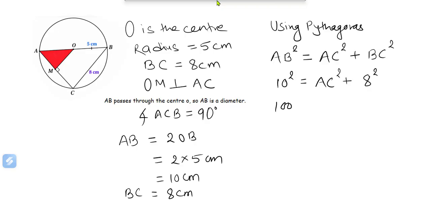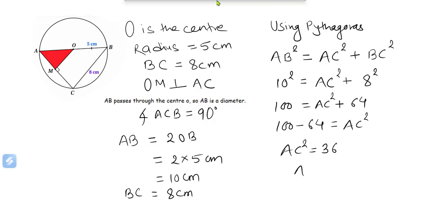So 100 is AC squared plus 64. If you subtract 64 from both sides, AC squared is 100 minus 64, which is 36. That means the length of AC is 6 centimeter.